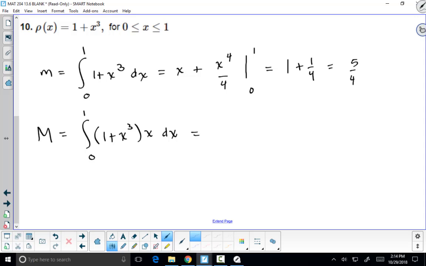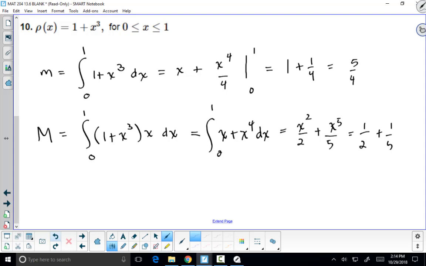So we end up with the integral from 0 to 1 of x plus x to the 4th, which gives x squared over 2 plus x to the 5th over 5. What's that look like? It's going to be 7/10.